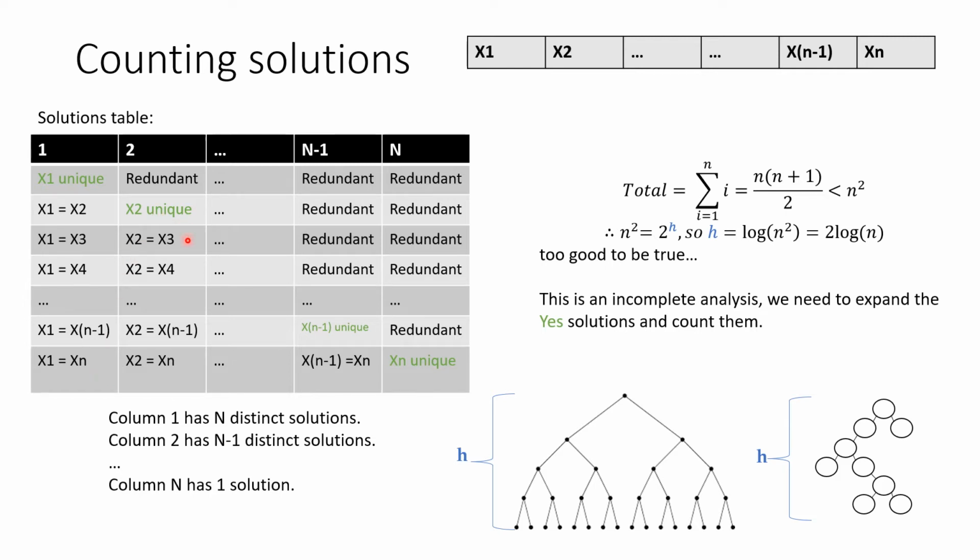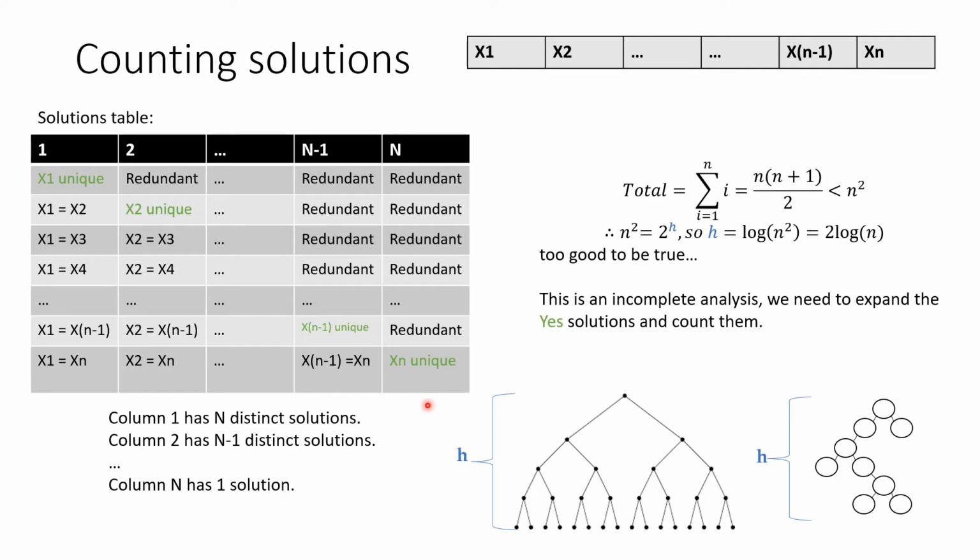But since we already covered the case for x1 being equal to x2, we can argue that we can omit that question. So if we count all possible solutions, we end up with n distinct solutions for column 1, n minus 1 solutions for column 2, all the way to n with just one solution, which is the yes solution.